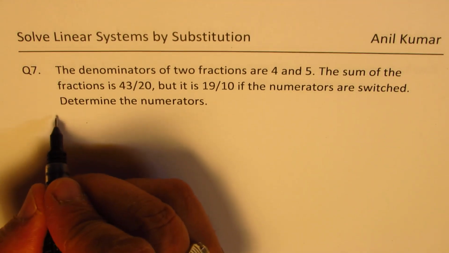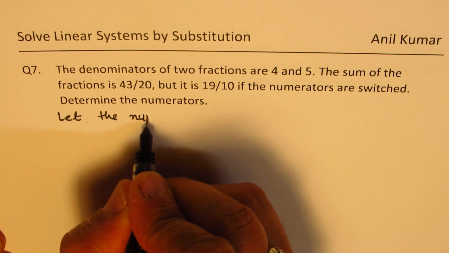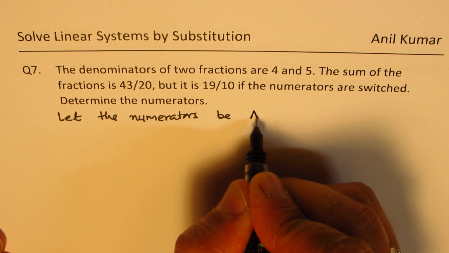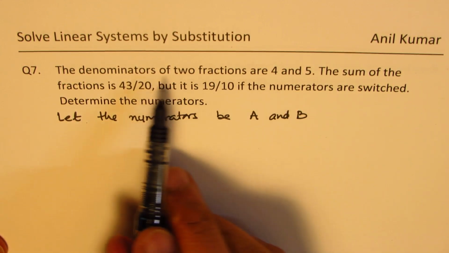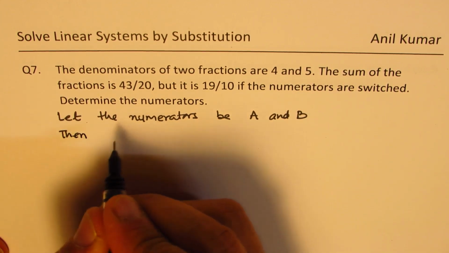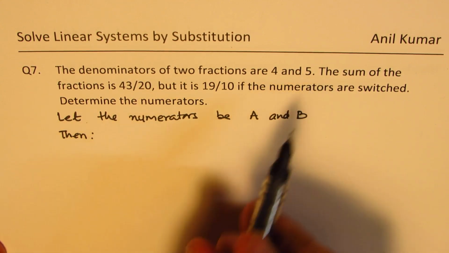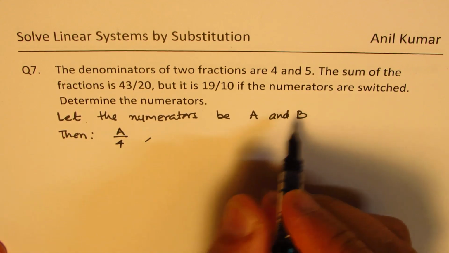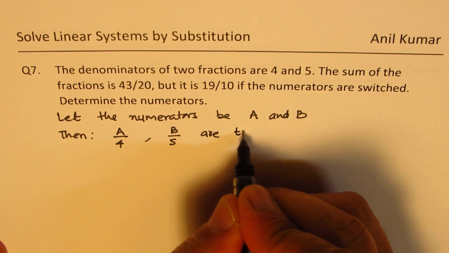So here, when you define the variables, we'll say let the numerators be A and B, right? So in that case, we know the denominators are 4 and 5. So we have the fractions A over 4 and B over 5 are two fractions.